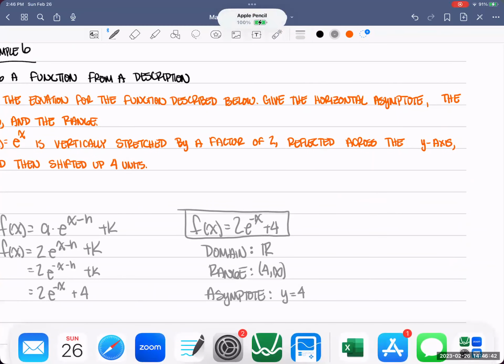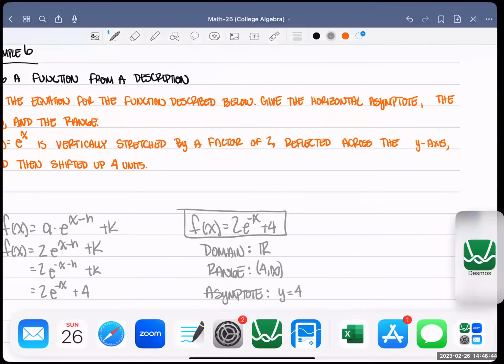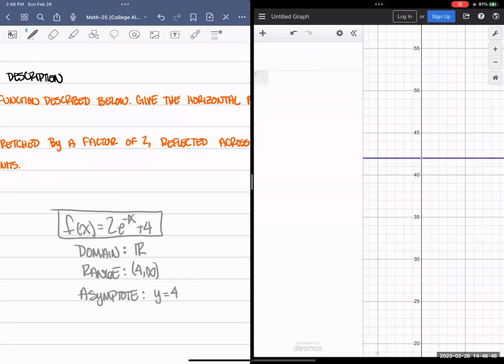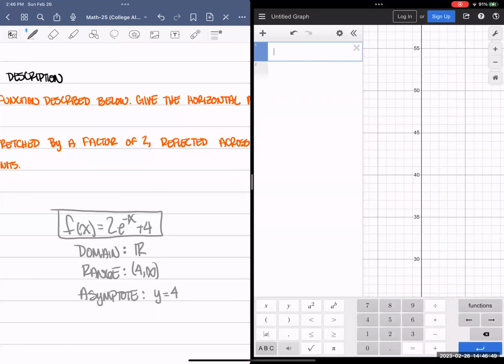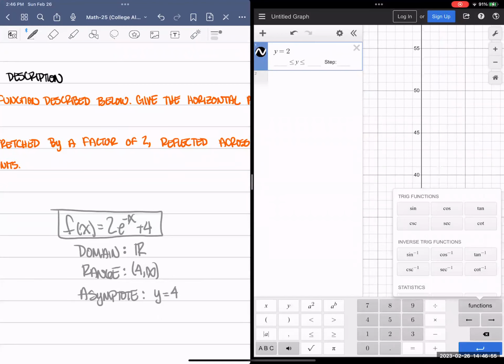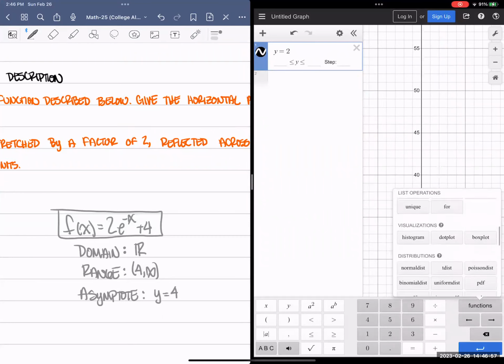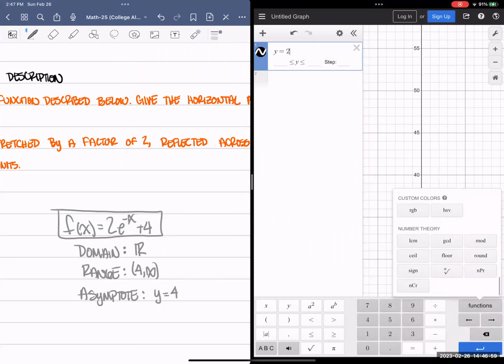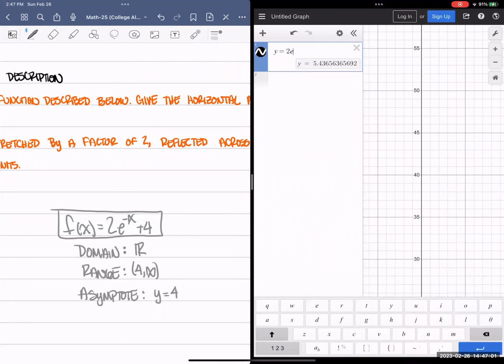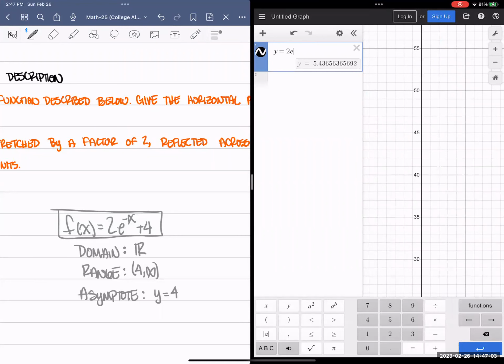And if you had any doubts, you could always graph these and see where you're at. So we'll say y equals 2 e to the x, and e raised to negative x and plus 4.